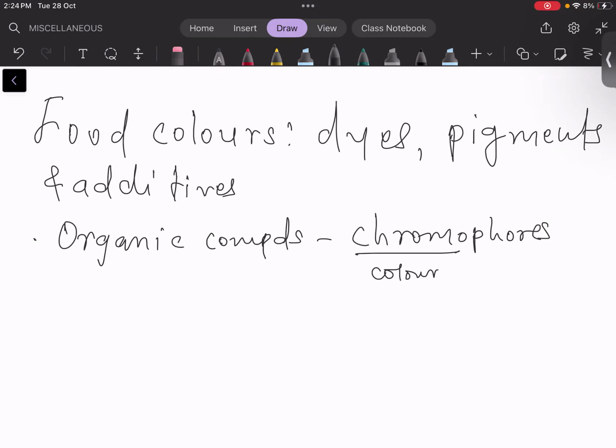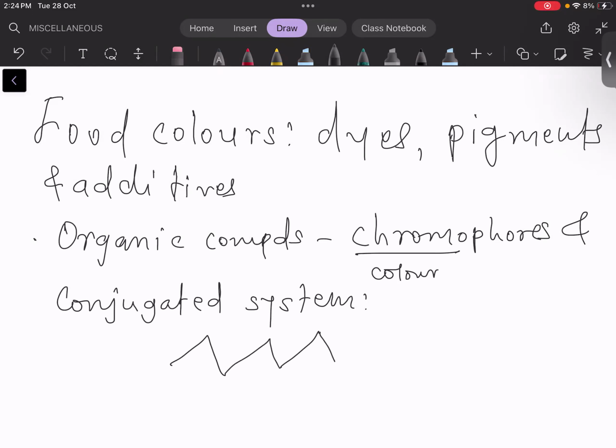Chromophores are color-enhancing segments like double bonds, triple bonds, etc. And conjugated system: what is meant by a conjugated system? A system containing alternate double and single bonds is called a conjugated system.